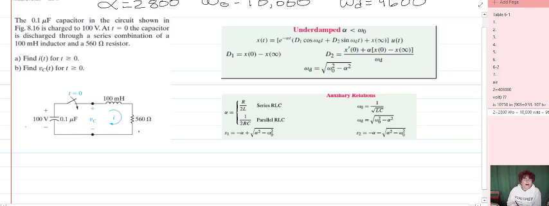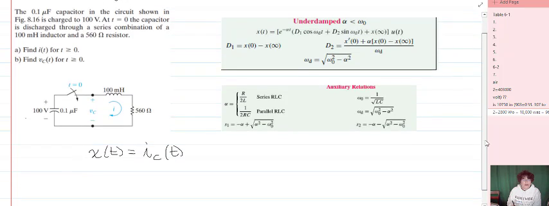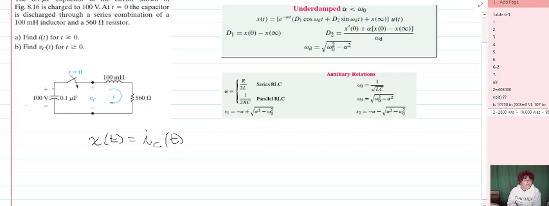So here's our general solution. So x of t is going to be IC of t. Now notice that the current through the capacitor is going to be the same as the current through the inductor because they're in series. So alpha equals R over 2L.